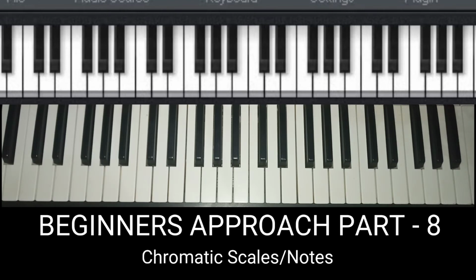Let's assume we are at F, and we move chromatically. These are 12 notes, from F to this place. When we start from the octave again, we have started again.